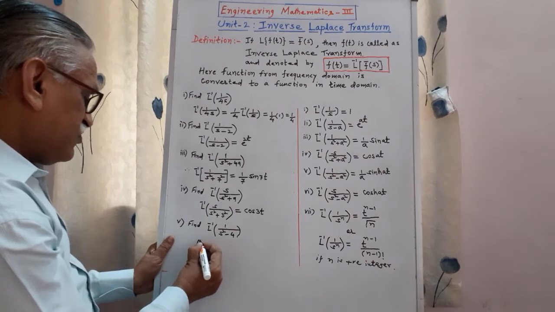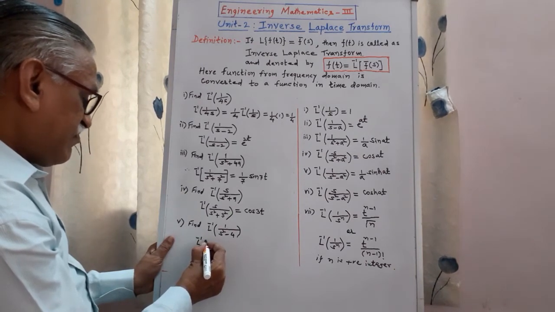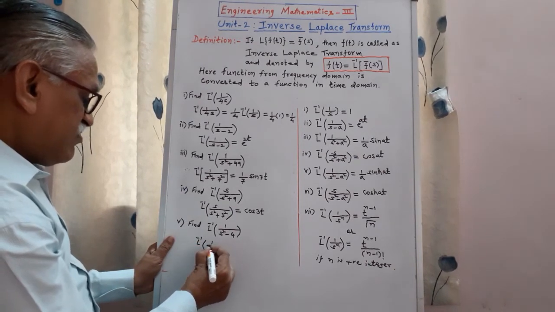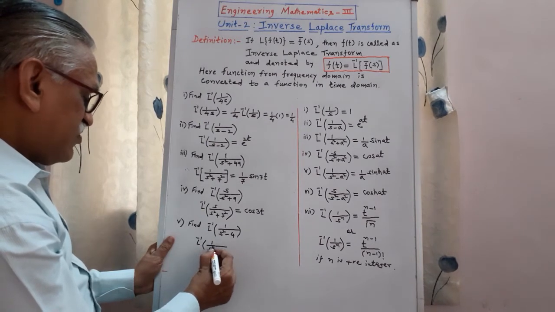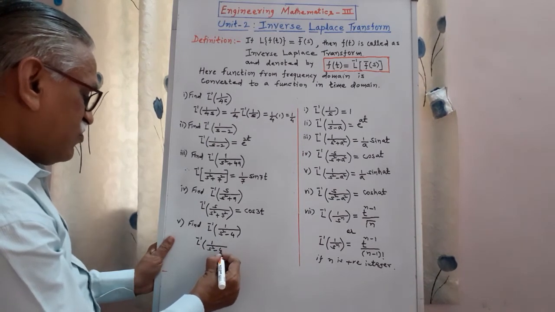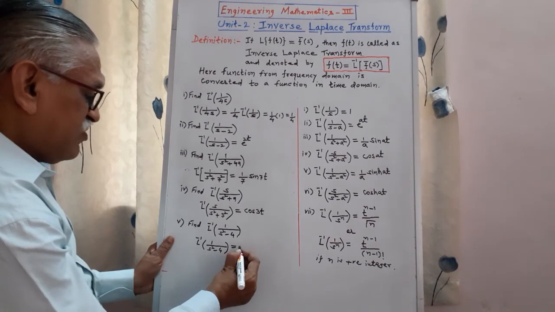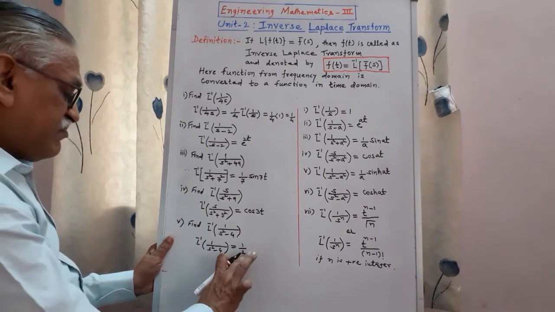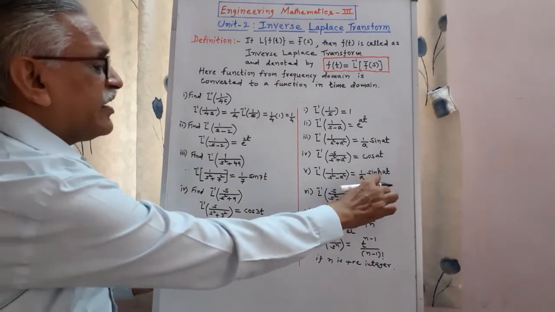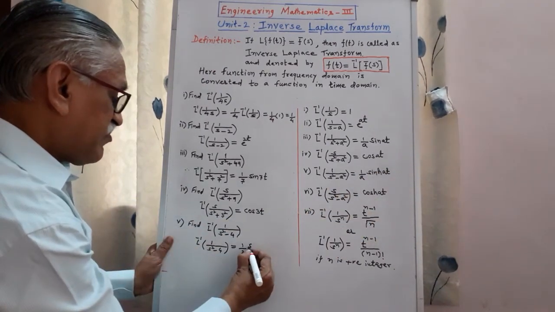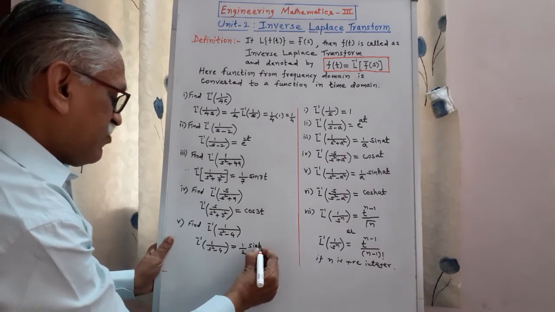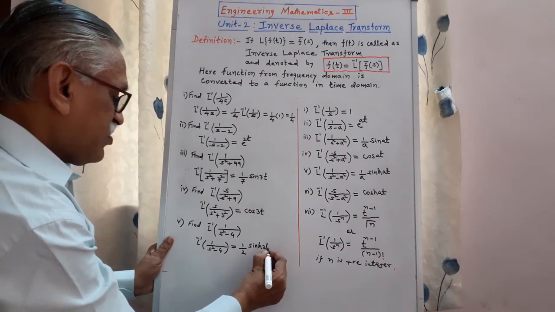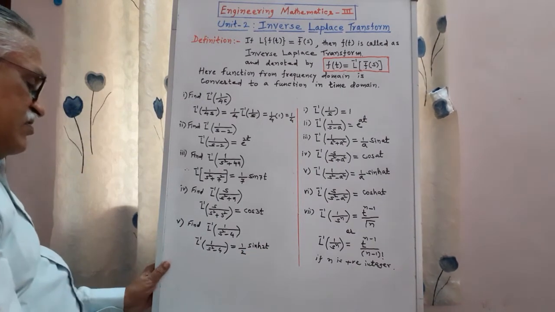Therefore, inverse of 1 upon s square minus 4 is equal to 1 by a, here 2, and sinh at, sine hyperbolic 2t.